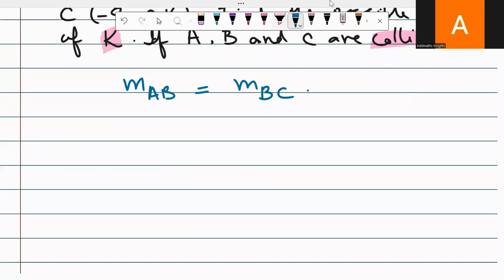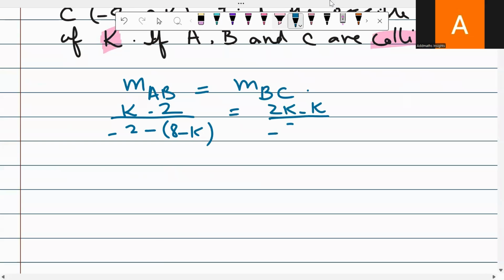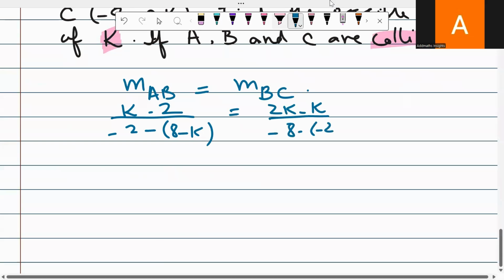So we substitute the values in the formula, y2 minus y1 over x2 minus x1, which is equal to minus 8 minus minus 2.